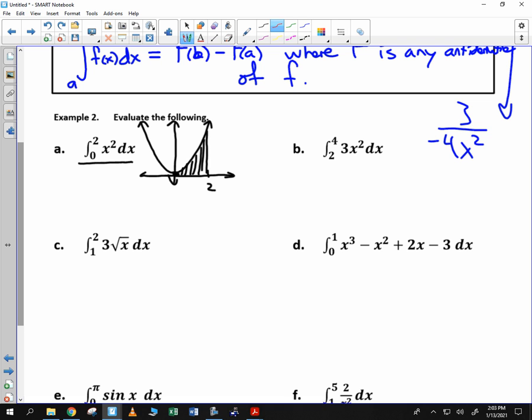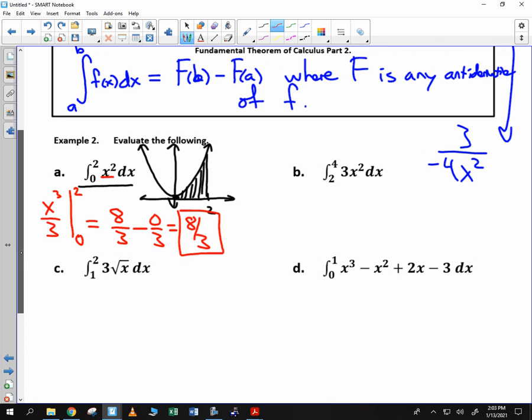All we do is we first find an antiderivative, x cubed over 3. We draw this bar, and that means we evaluate it at 2, and we evaluate it at 0, and we subtract. When you plug in 2, you get 8 over 3 minus, then plug in 0, and you get 0 over 3, or 8/3. That's the area exact.